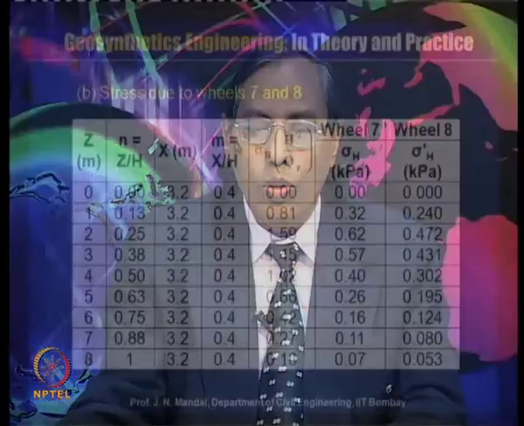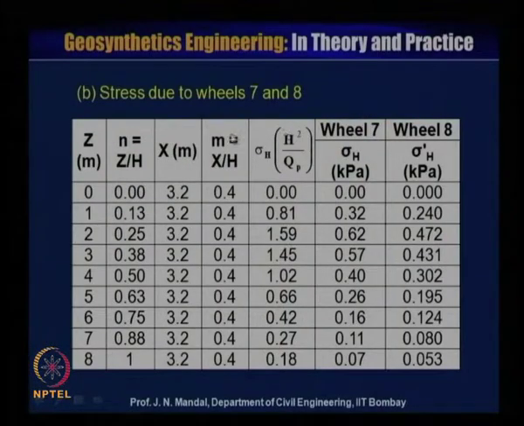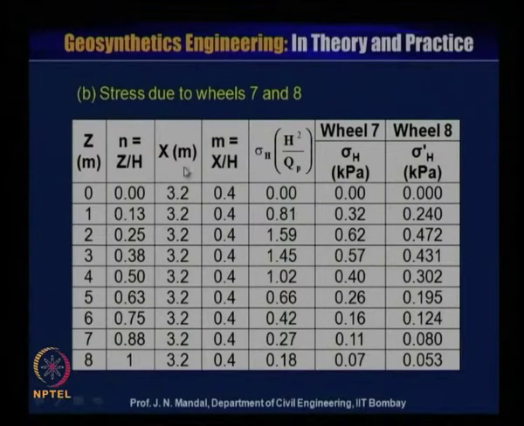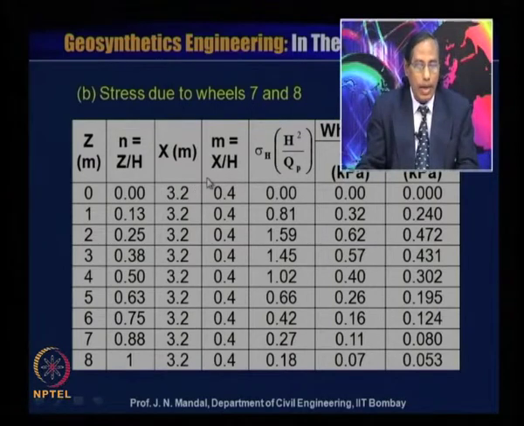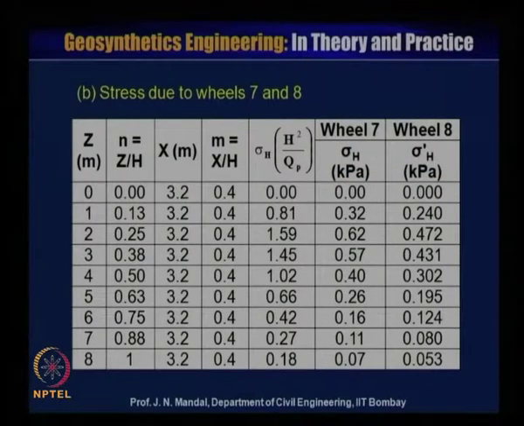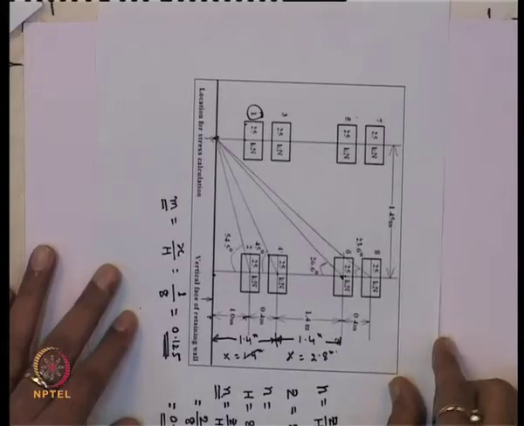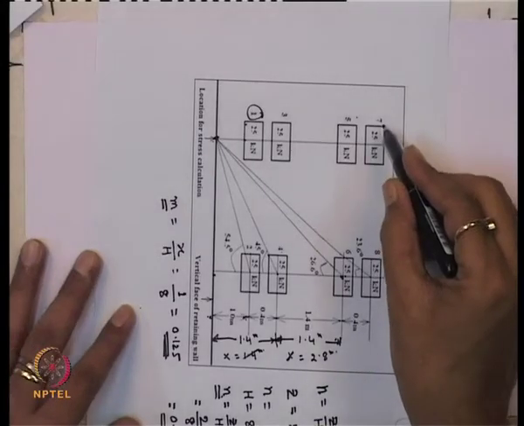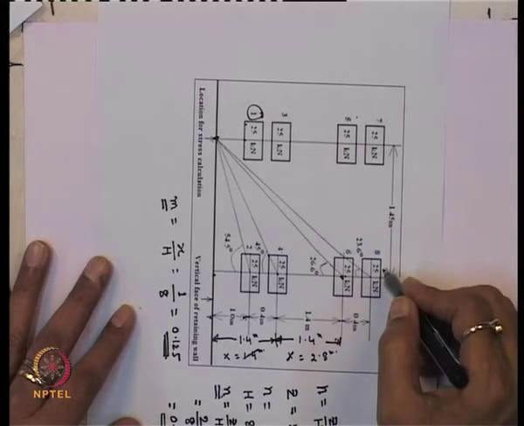So we calculated the stress for wheel loads 5 and 6. Now we have to calculate the stress due to wheels 7 and 8. Now you can see this is almost constant, and what is the location of x? This is for wheel load 7 and this is 8.